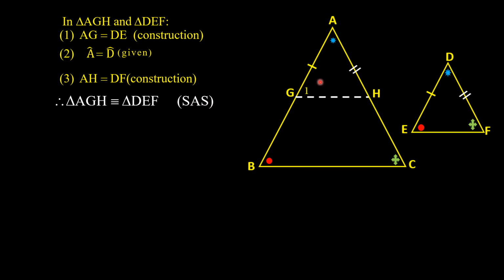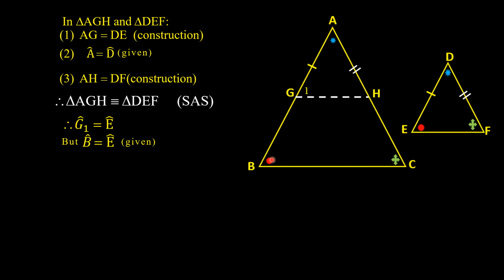Now when these two small triangles are equal, look at this angle G1. G1 must be equal to angle E. But we know that angle B and angle E are also equal, it's given.